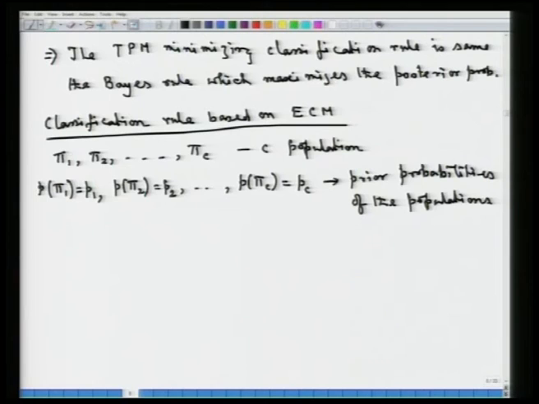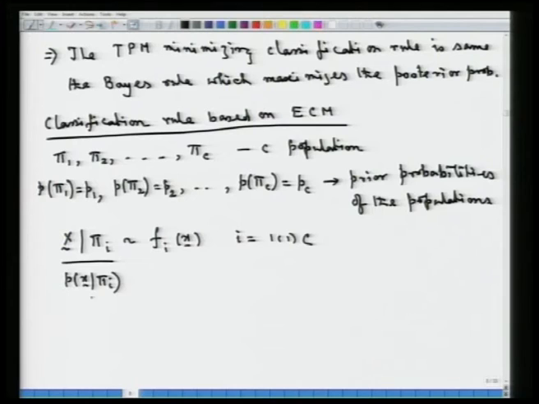We will also say, for example, that the density of x given πi is given by fi(x). This is for i equal to 1 up to c. In our earlier notation, we had perhaps denoted this by p(x given πi).